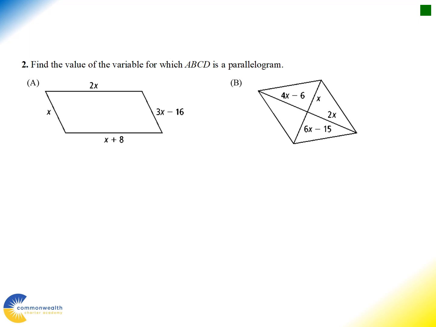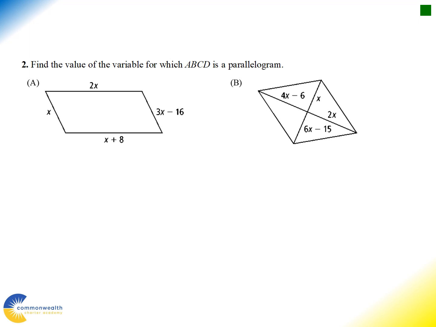But besides the point, I have enough information knowing that these are parallelograms, and because they are parallelograms, I have to use a characteristic of them to help me figure out how to set up this equation. For A, since I'm looking at the lengths of the sides of the parallelogram itself, I have to use a rule associated with that. One of the rules that we do have is that opposite sides of a parallelogram need to be congruent.